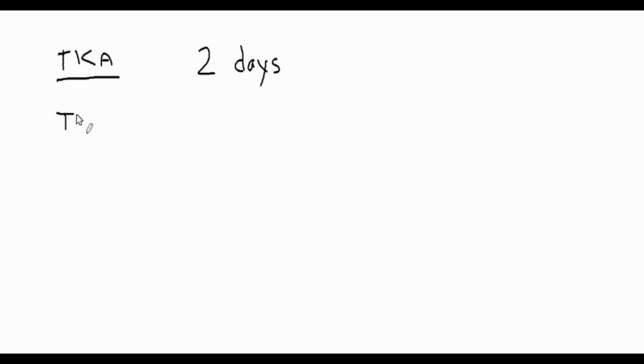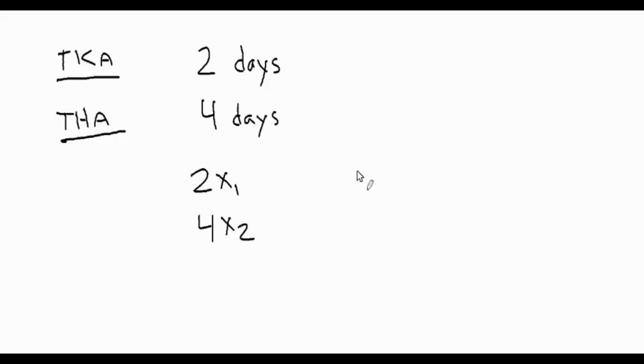And a total hip THA patient is going to be in the hospital 4 days. Again, just from the statement of this problem. The number of bed days that will be used by the knee patients will be 2 times x1, and the number of days used by the hip patients will be 4x2. So the total number of bed days used by these patients combined is 2x1 plus 4x2. And that is what is actually used by the patients.